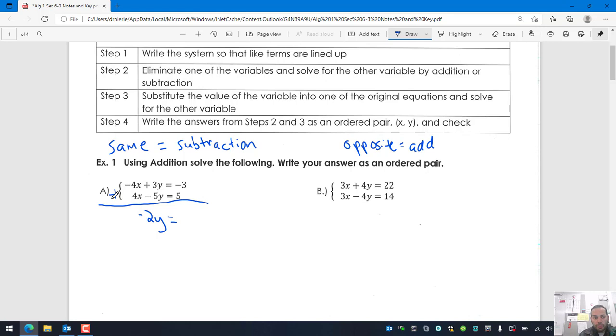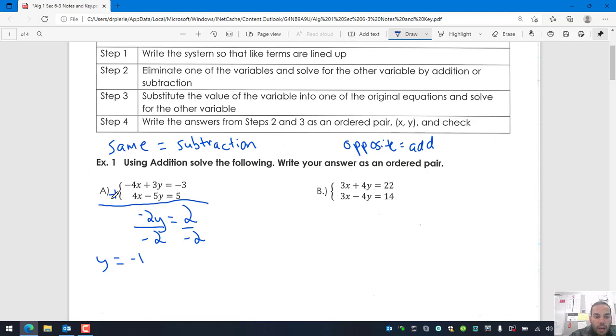I have -3 plus +5. -3 plus 5 is equal to +2. I have no more x's. My x's eliminate. Now I'm able to solve for y. To get y by itself, I'm going to divide both sides by -2. And I'm left with y is equal to -1.